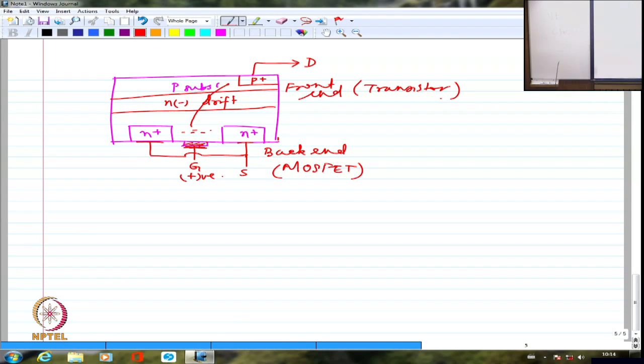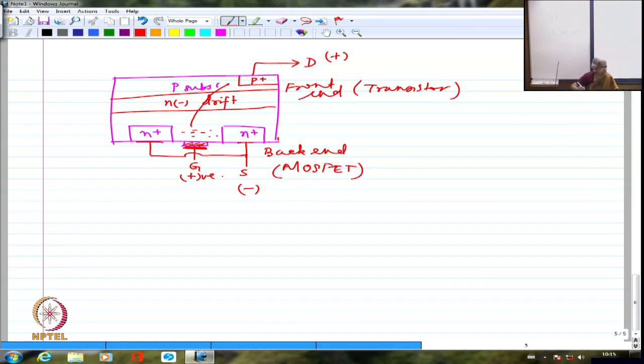So if I have plus applied here and minus applied here, initially the device is not going to be in conduction state at all, because neither the back end MOSFET will be able to conduct, nor your transistor is getting any base drive. There is nothing available. So the entire device will be in dead state. It will not conduct. But the moment I apply a positive voltage at the gate, there will be a flooding of negative charge carriers here.